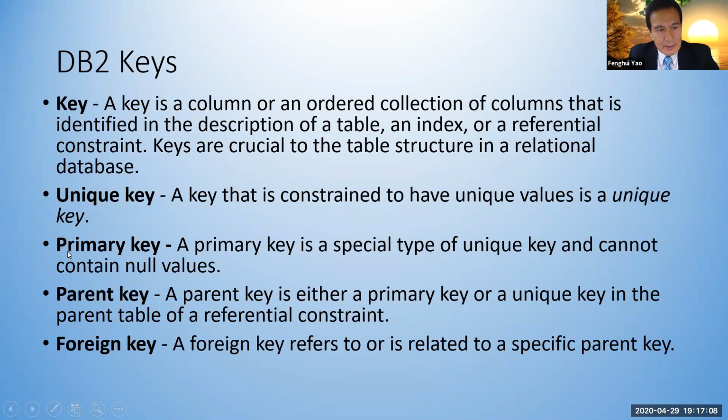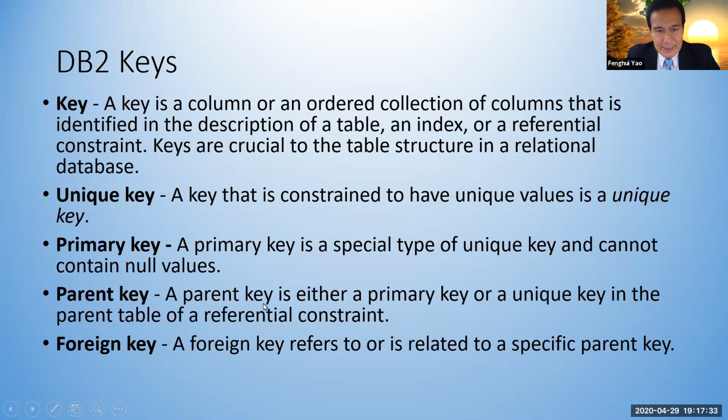Next, what is a primary key? A primary key is a special type of unique key and cannot contain null values. That means primary key has to have value. Next, what is a parent key?